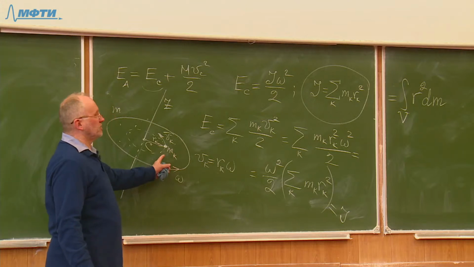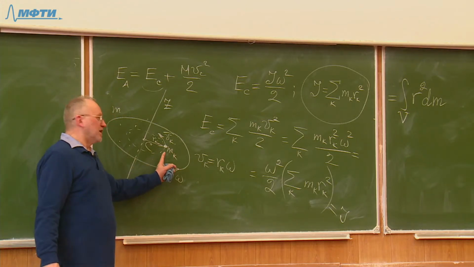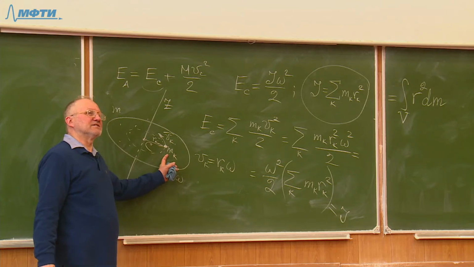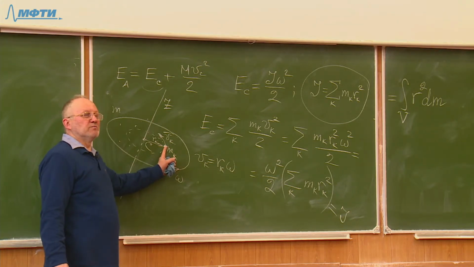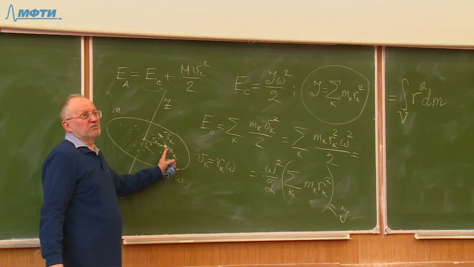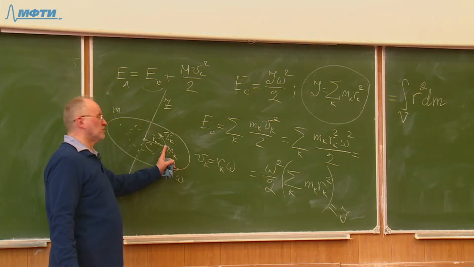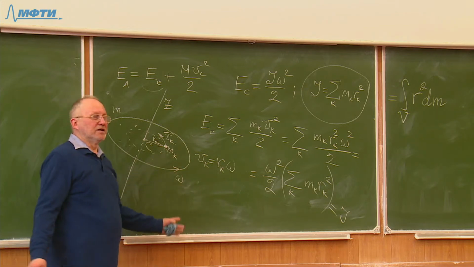I already explained to you what we mean by saying infinitely small. In the physical sense, it doesn't mean that the infinitely small volume may become smaller than the volume of a molecule or smaller than the volume of an atom. In no way.